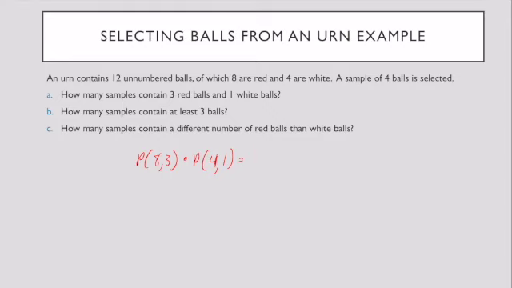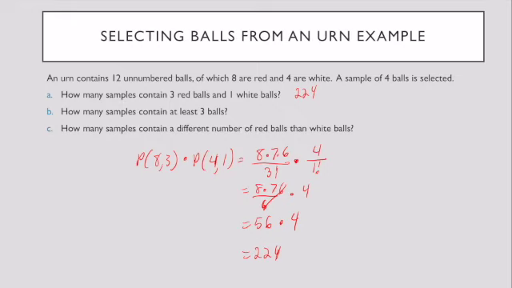So 8 choose 3 is 8 times 7 times 6 over 3 factorial, which is 6. So let's do the 8 times 7, which is 56, times 4 choose 1. That's going to be 4 over 1 factorial, which is just 4. So I have 56 times 4. That's going to give me 224 samples.